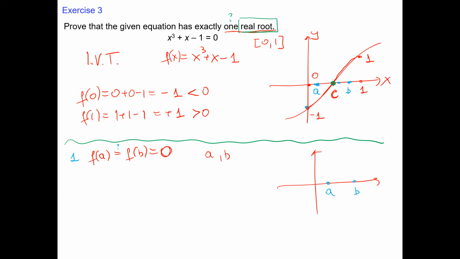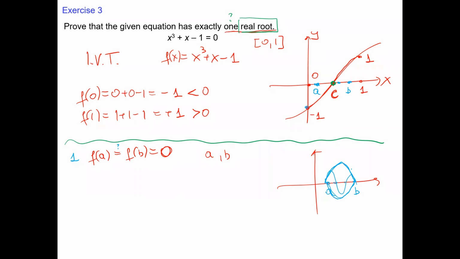Those will be other zeros. Then definitely the function must go, for instance, up and down, or maybe down and up, or maybe multiple times. But my point is the function must increase and then decrease, or maybe decrease and increase, it has to change the monotonicity.